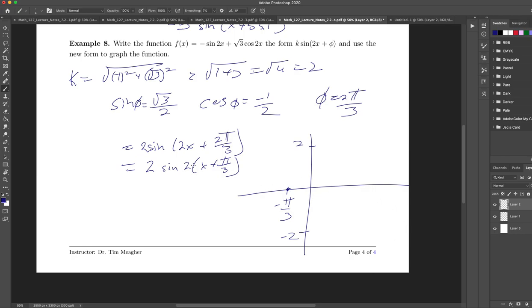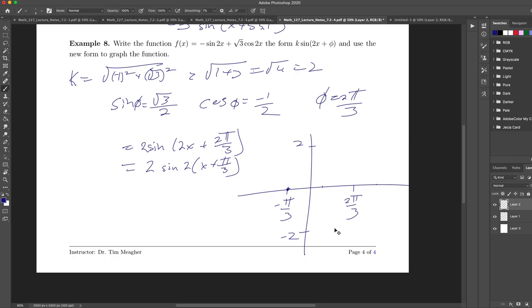Notice here, my period would be 2 pi over 2, which is just pi, so I'll move pi distance this way. So pi minus pi over 3 is 2 pi over 3.